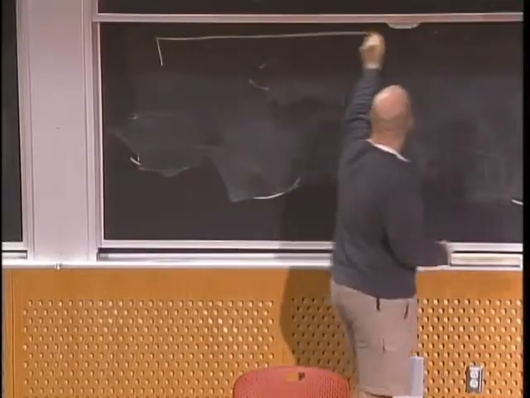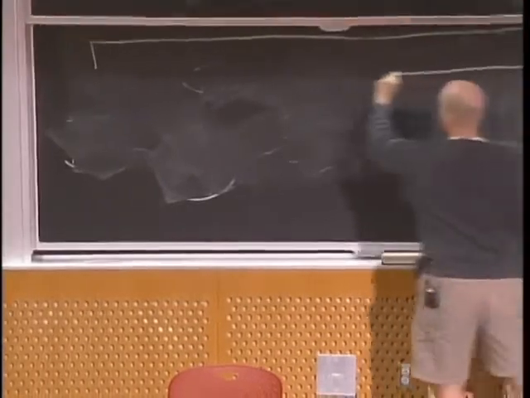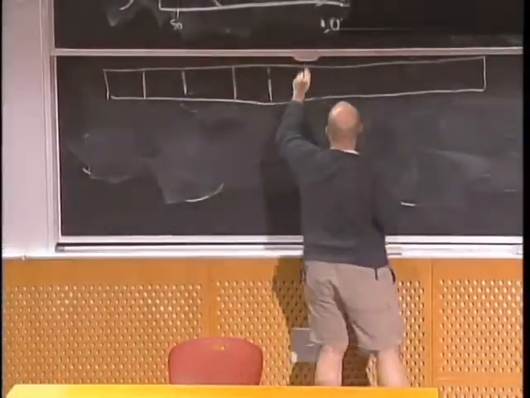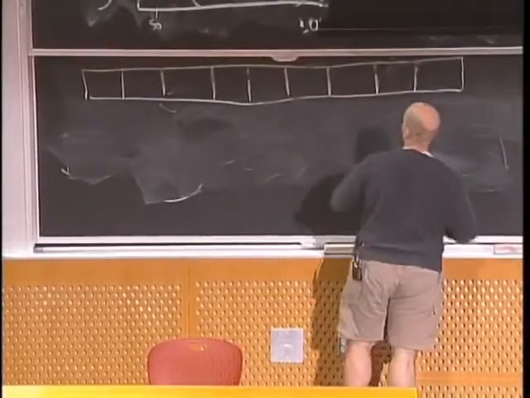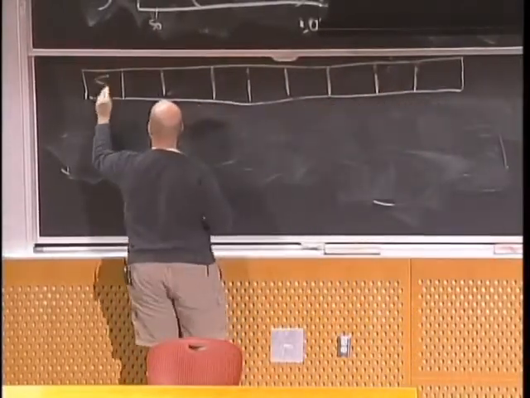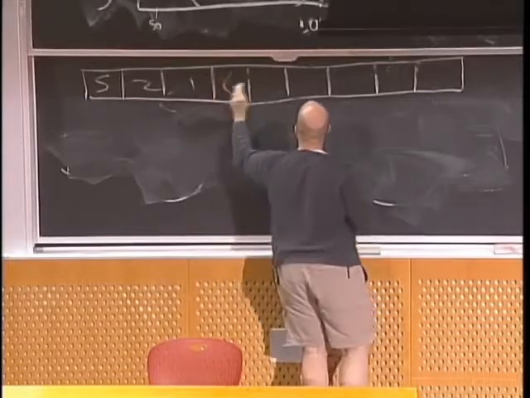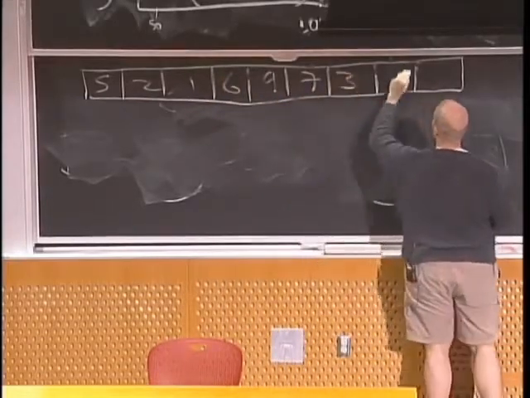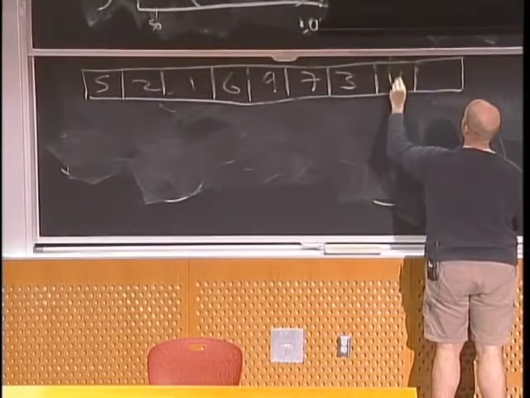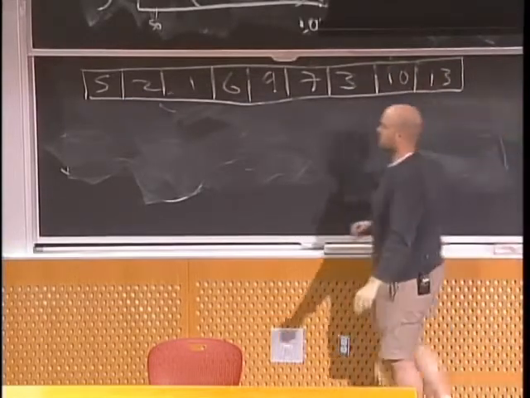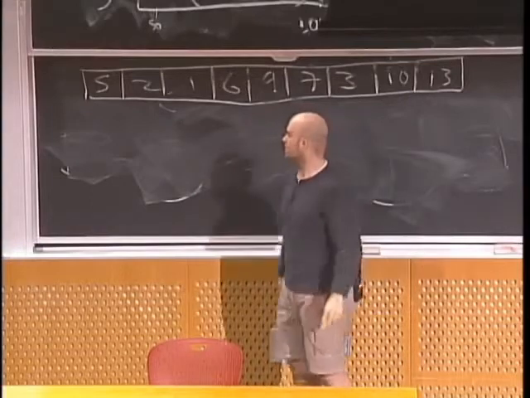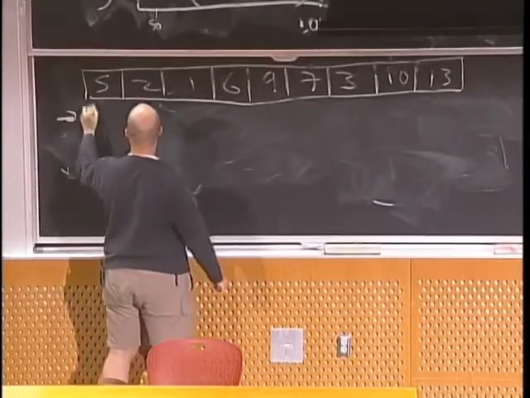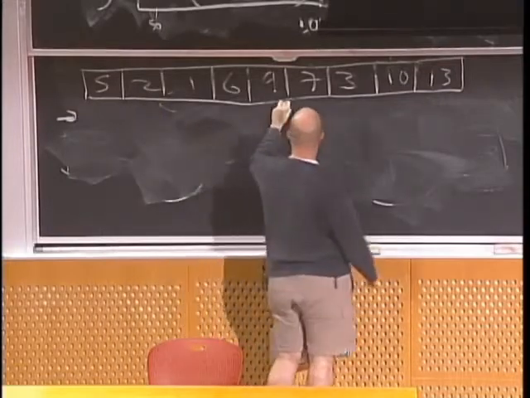Let's say that I have a list of elements, and they are unsorted. All right, so it's an unsorted list of elements. When merge sort first starts, it's going to divide this list into left and right halves.